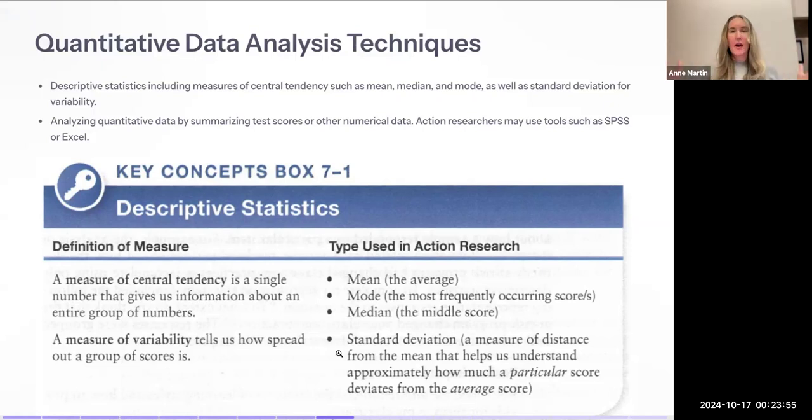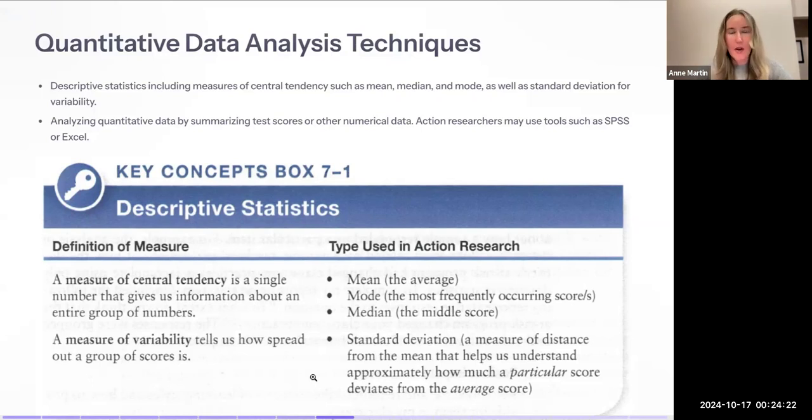Variability is talking about how spread out the data is from the center. Standard deviation is a descriptive statistical approach to describing how far the other scores are spread from the mean, how far a particular score deviates from the average.